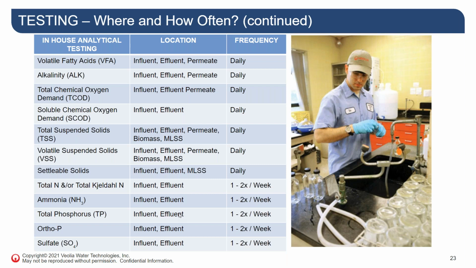The total and soluble chemical oxygen demands on the influent and effluent, definitely every day. We're doing them on the total and the soluble for two reasons, especially on our high rate systems. Our high rate systems, the UASB, EGSB systems, are designed to treat soluble COD, but there's always solids in there.